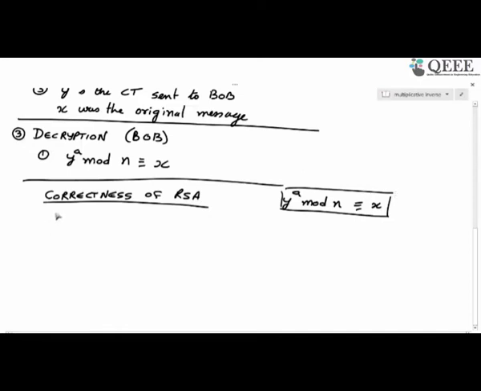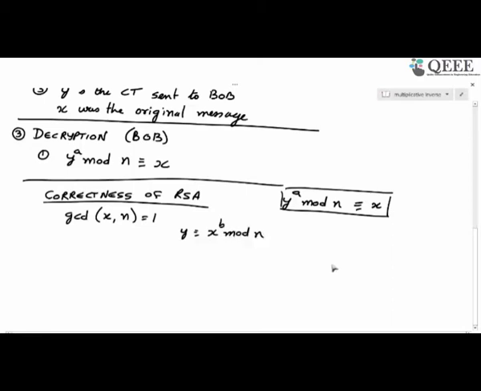First, let us assume that the GCD of X comma n is equal to 1. That is, we are assuming that X happens to be coprime to n. We have also seen that the corresponding ciphertext is obtained by computing y congruent to x to the power of b mod n.